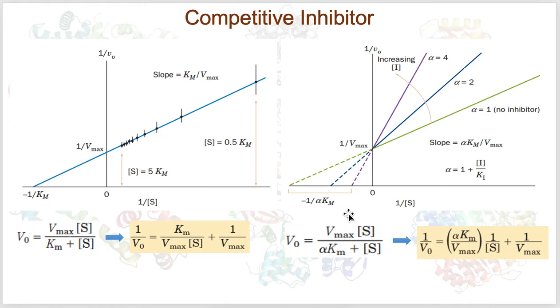When an inhibitor is added, the equation changes like this: V0 equals Vmax times substrate concentration divided by alpha Km plus substrate concentration. So a new parameter alpha comes in here, and the value of alpha is equal to 1 plus inhibitor concentration divided by Ki, and this is the linearized form of this equation. If we plot them in a graph, they look like this.